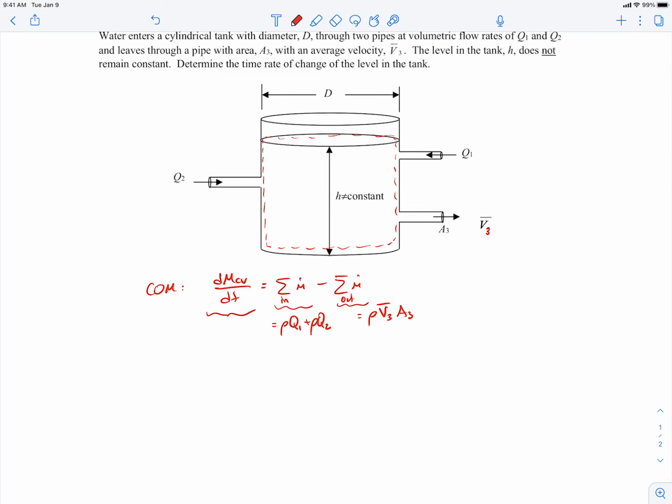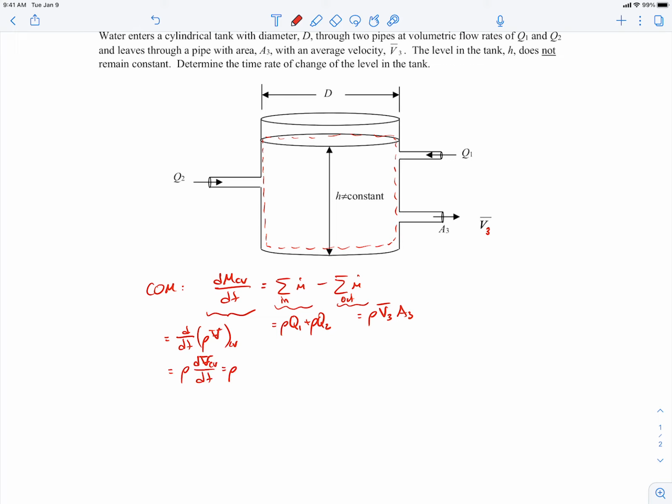Let me go ahead now and address the time rate of change of mass inside the control volume. That will be equal to the time rate of change of the density times the volume of the control volume, right? So you can get mass by just taking the density times the volume of the control volume. Since the density is a constant, since we're assuming water is incompressible, it'll just be the density times the time rate of change of the control volume.